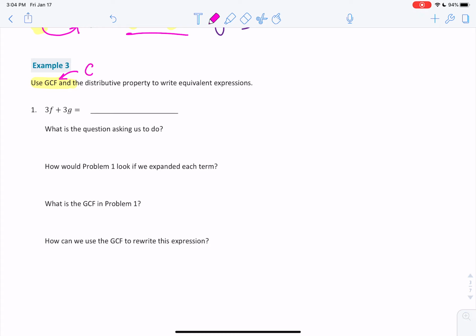So, GCF, if you don't remember from 6th grade, means greatest common factor. Okay? So, common means the same. Greatest means the largest. They're looking for the largest number that they have the same.